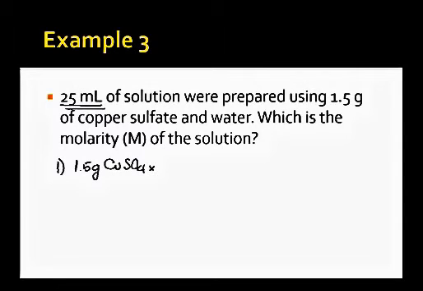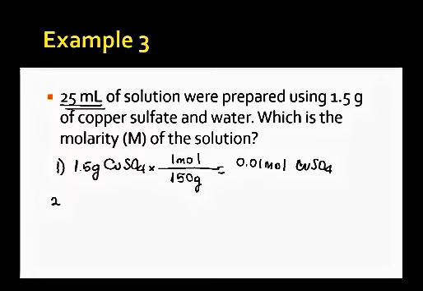That is going to be 1 mole equivalent to 150 grams. Actually, it's 149.5, but we can do it as 150. So the number of moles is 0.01 moles of copper sulfate present.